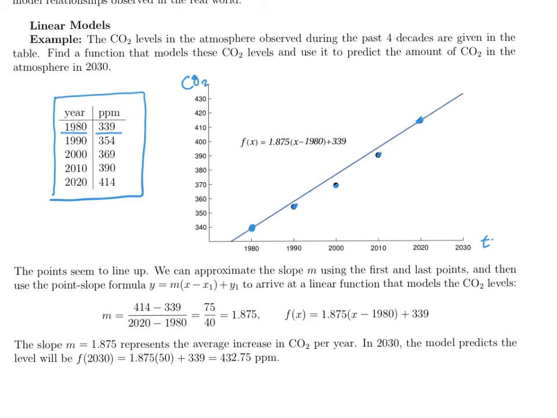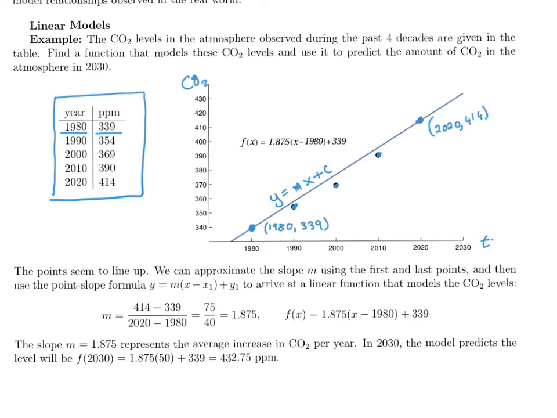What we need to do is find an equation for this line. And remember, the equation looks like y equals mx plus c, where m is the slope of the line. So we can find the slope of the line here by taking these two points on the line and using the formula for the slope.